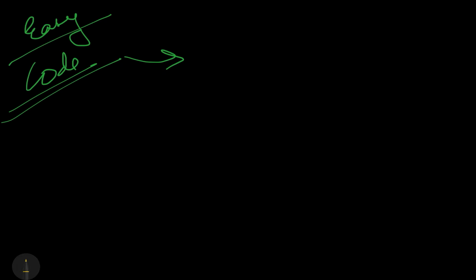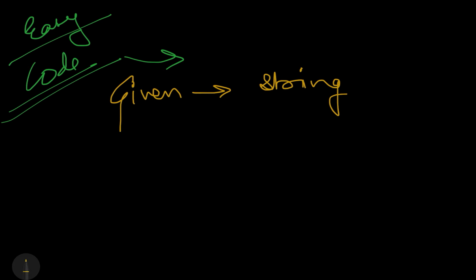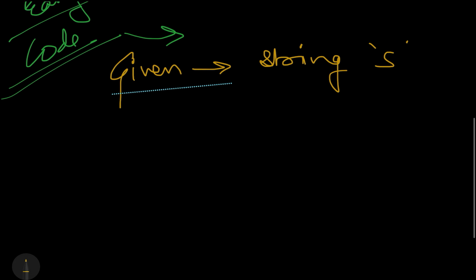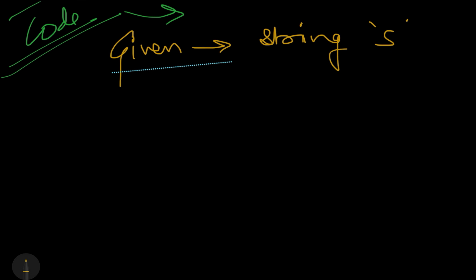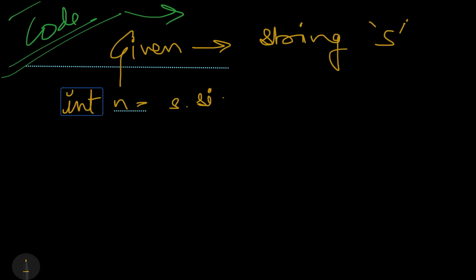So what we have been given is a function having a string s. From this string s we have to find the longest balanced substring. So what can we do? First we can find the length of this string, which is n equals s dot size.